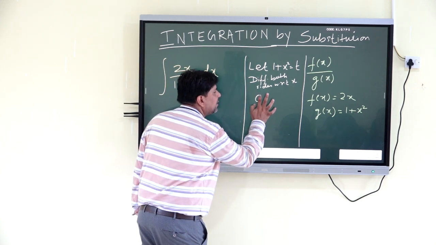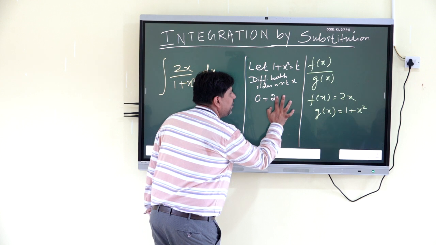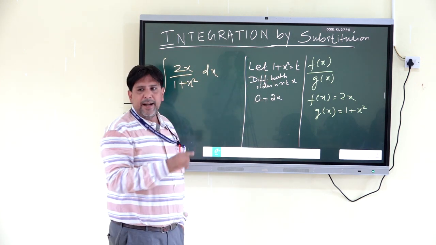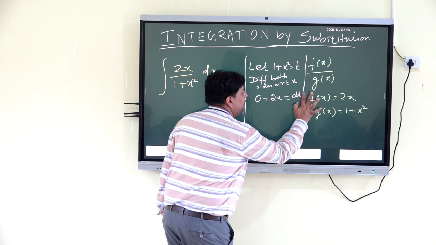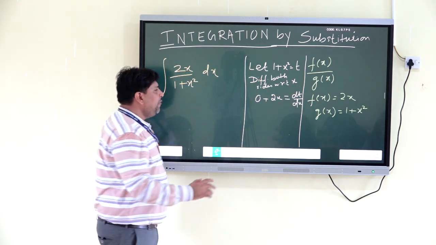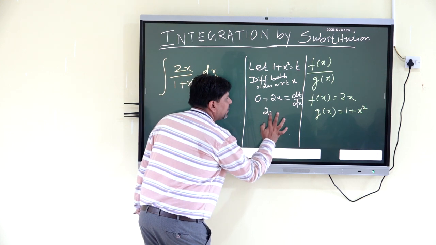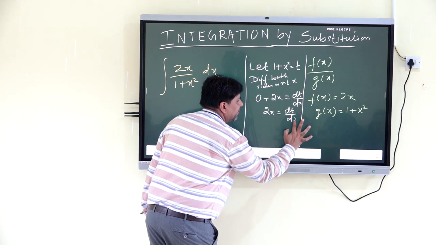So what is the derivative of 1 plus x square? Derivative of 1 is 0. Derivative of x square is 2x with respect to x, and derivative of t is dt by dx. So what are we getting? 2x is equal to dt by dx.